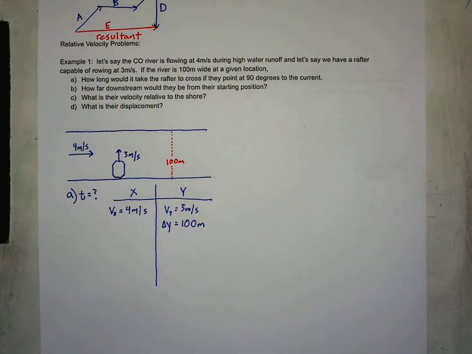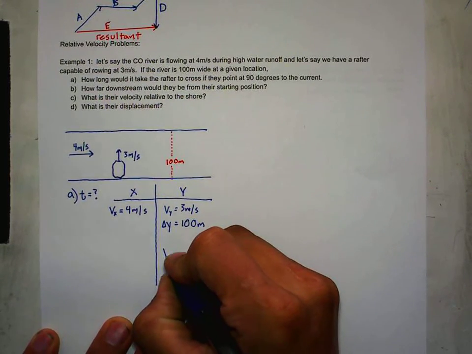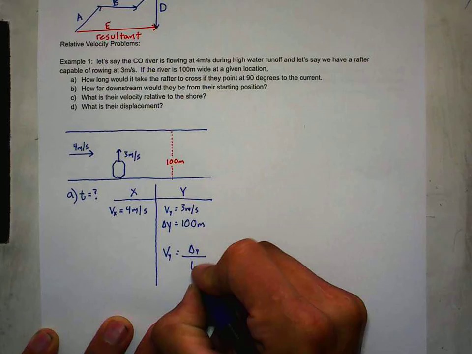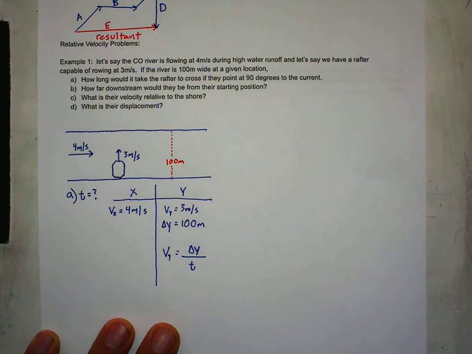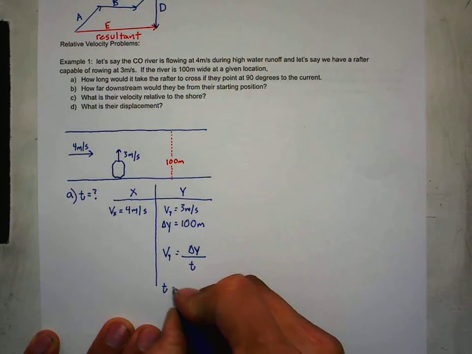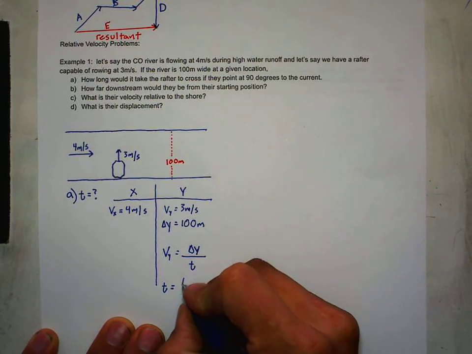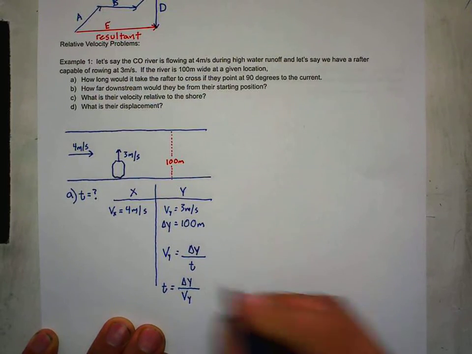Distance over velocity. So let's put down an equation here. When we have a velocity, we're going to put Vy is equal to delta Y over t, and Luke just rearranged it, so we're going to say time is equal to our delta y divided by our y velocity.